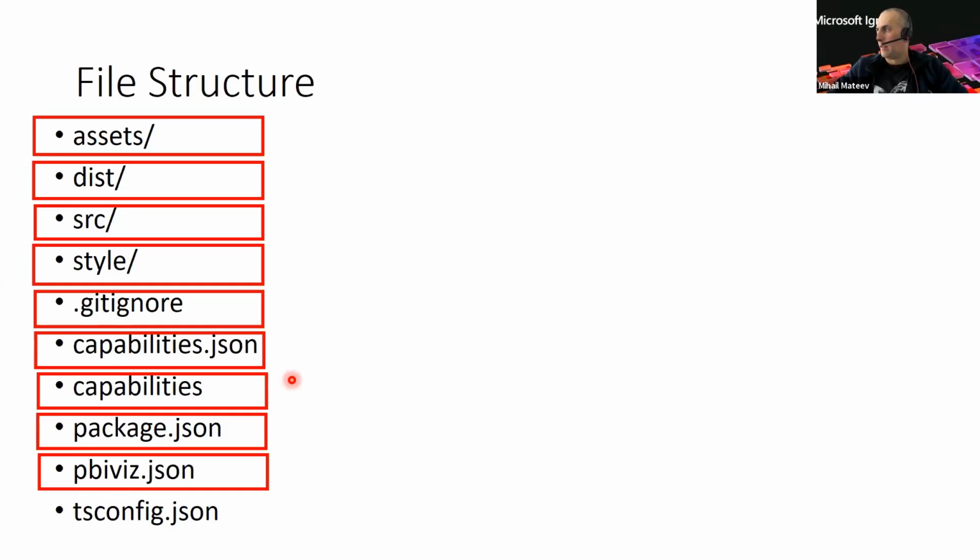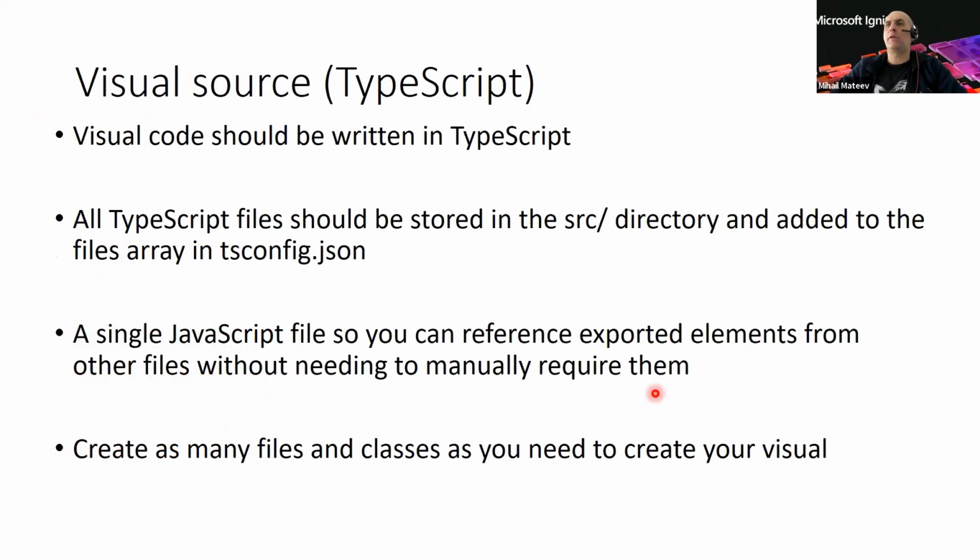We have pbiviz.json, which is actually the main configuration file for your visuals, and settings for your TypeScript compiler are in tsconfig. So this is something which you have like structure. Again, it is pretty simple. Doesn't matter that you see 10 different folders.